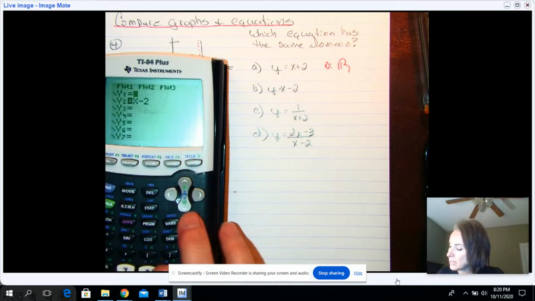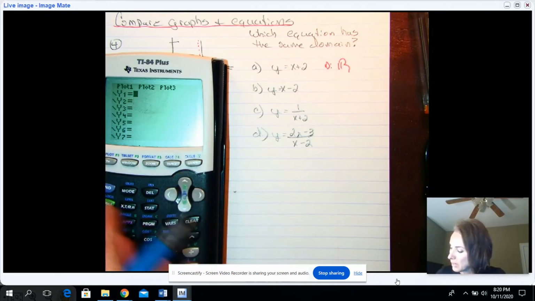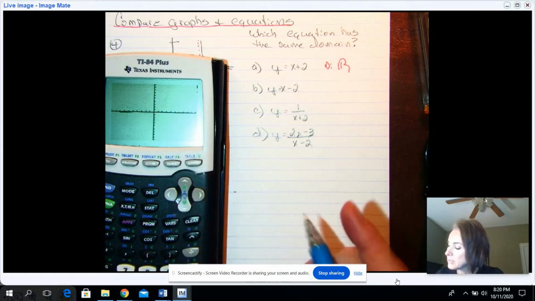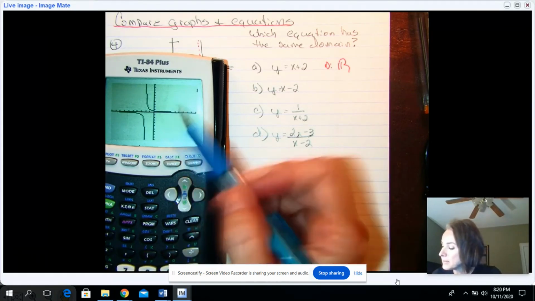But if I do y equals, let me make a fraction, 1 over x plus 2, and look at the graph. Look what happens.